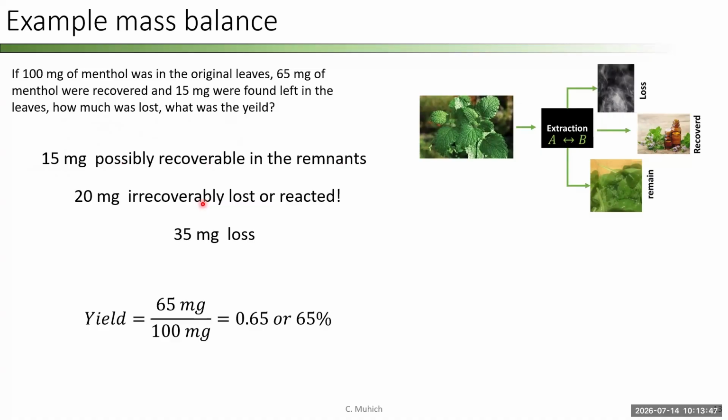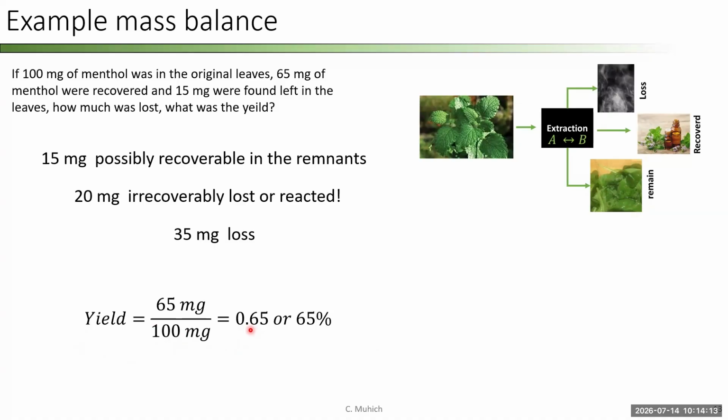We're not getting that back. So in total, we've lost 35 milligrams. Even though we have 15 in those leaves still, we weren't able to extract it. So those are lost. This gives us a yield of 65 milligrams over the 100 milligrams. So our yield fraction is 0.65 or 65%.